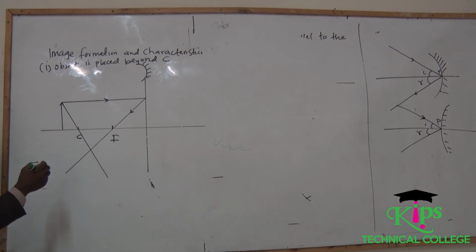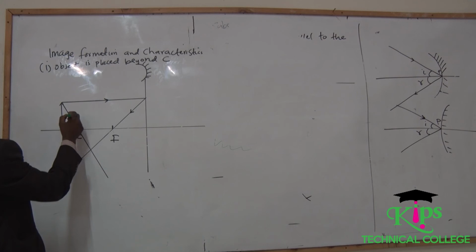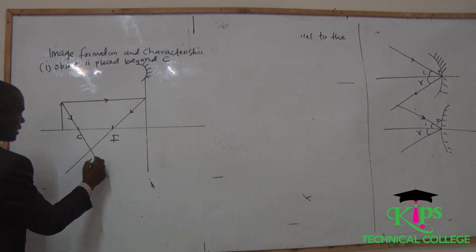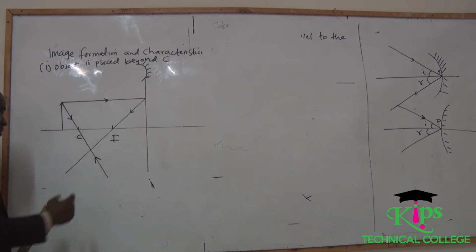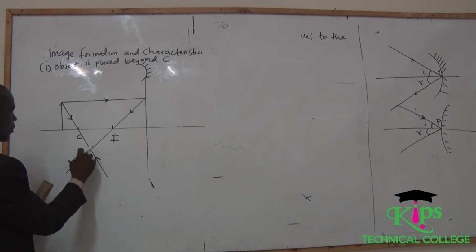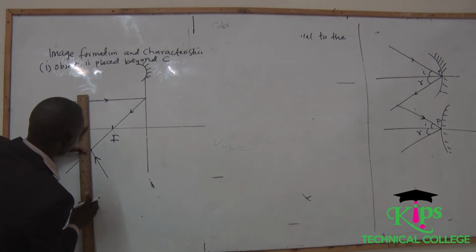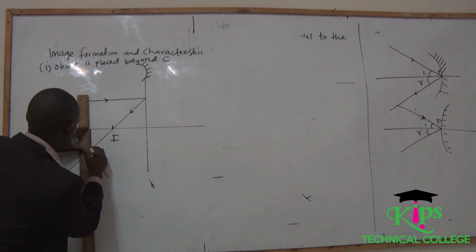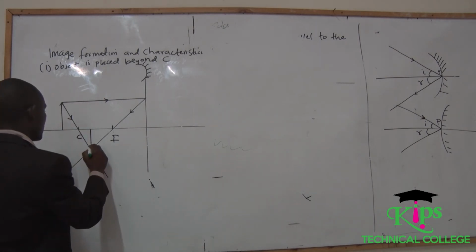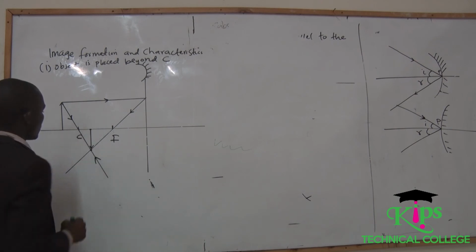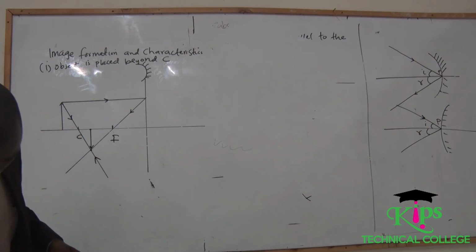And we have said before, if a ray passes through the center of curvature, it will be reflected again to pass through the same path. So where the 2 rays coincide, that is where your image will be formed. So this is our image at that particular point.